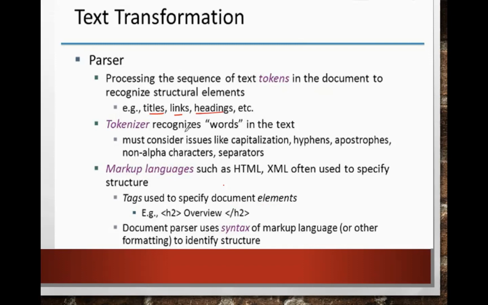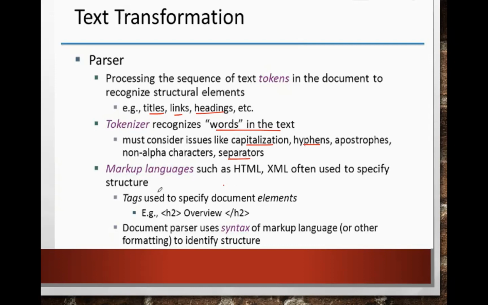The tokenizer recognizes words in the given text. Here it needs to take care of various issues like capitalization, hyphens, separators, etc. The document is converted into a stream of tokens with the help of the tokenizer. Tokens are nothing but individual words, right? Markup languages like HTML help with this process.